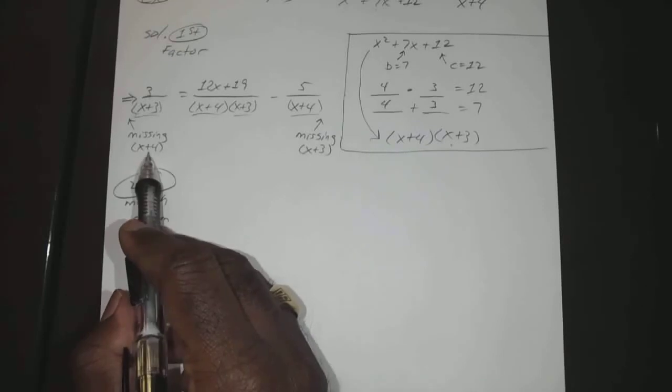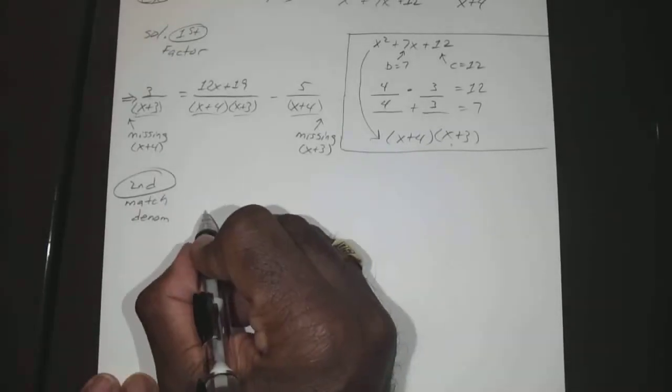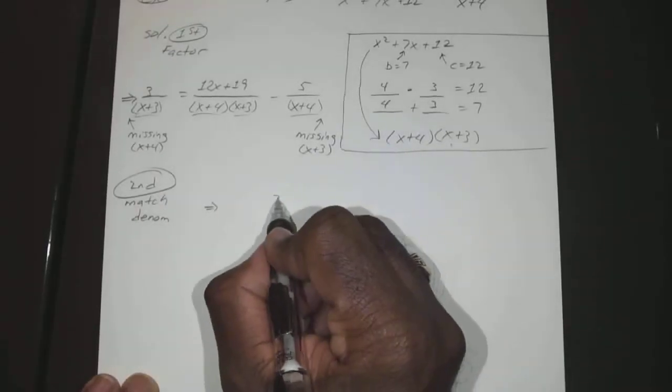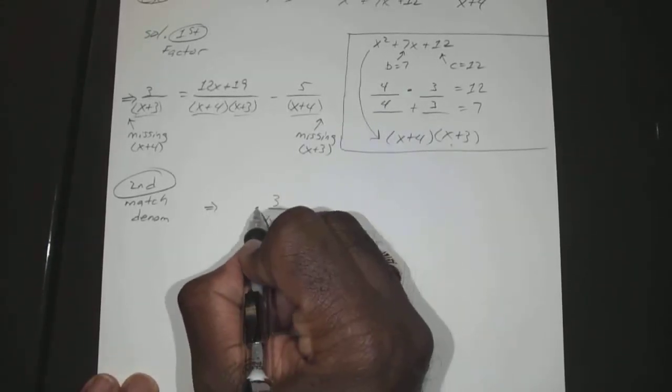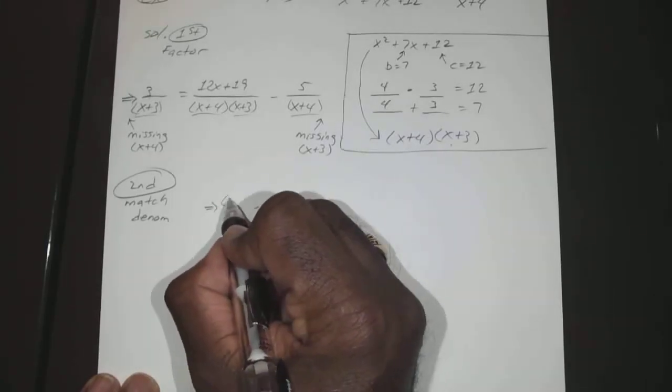Okay, so we know if this one's missing the x plus 4, we have 3 over x plus 3 times x plus 4 over x plus 4.